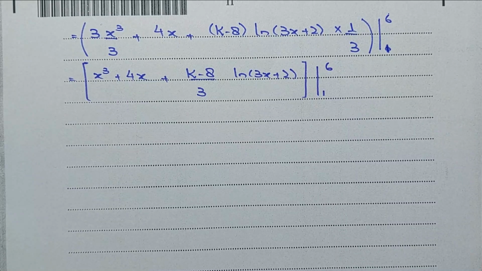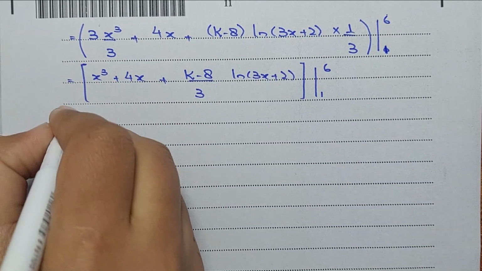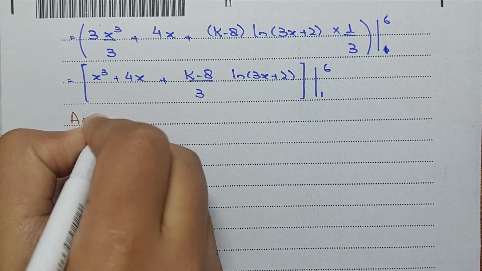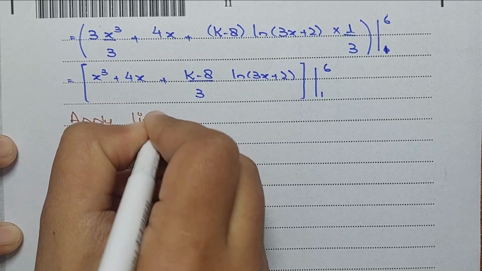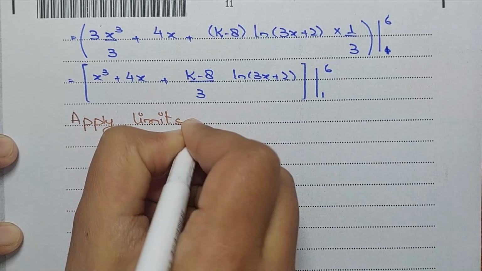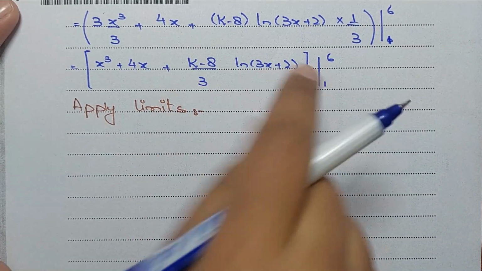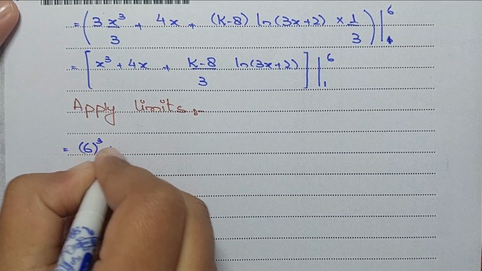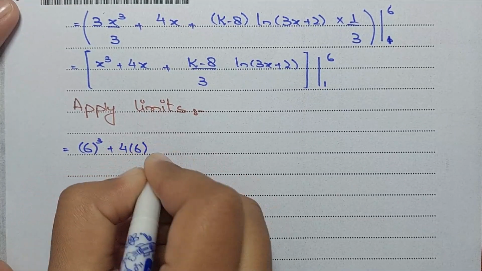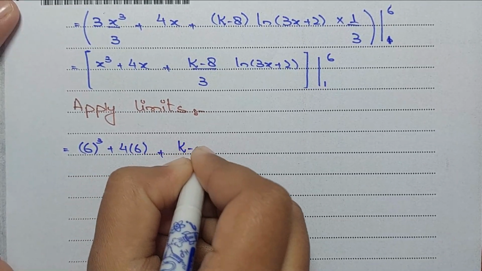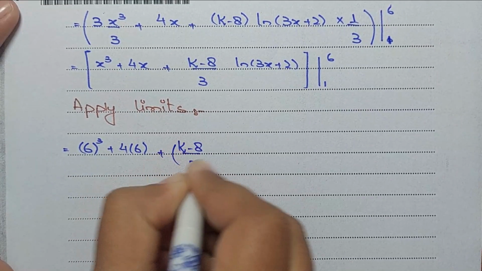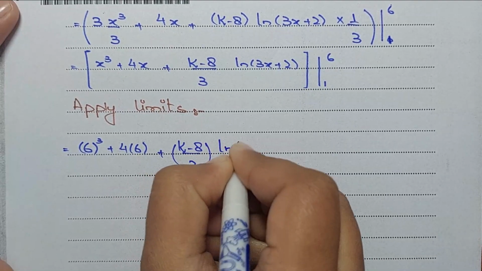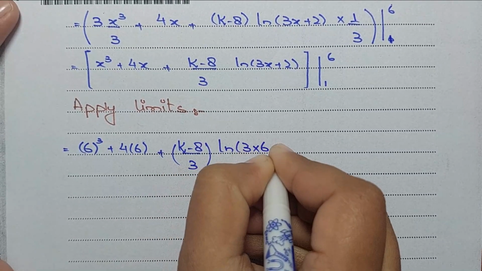Now let me substitute the upper and the lower limit. Upper limit is 6: 6 cube plus 4 times 6 plus k minus 8 over 3, natural log of 3 times 6 plus 2.